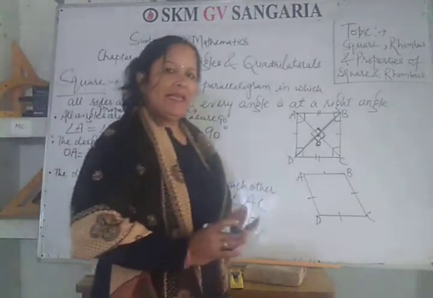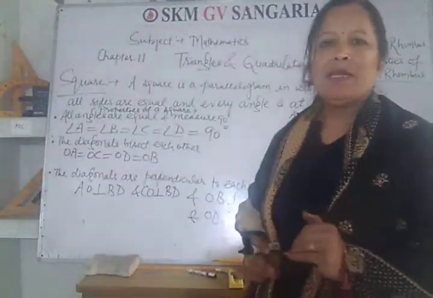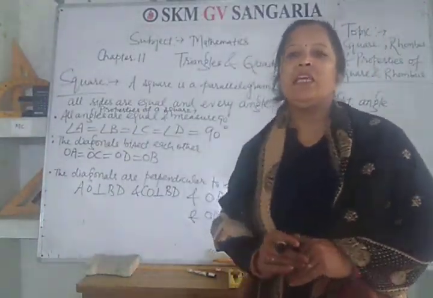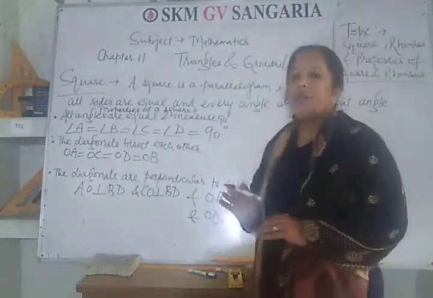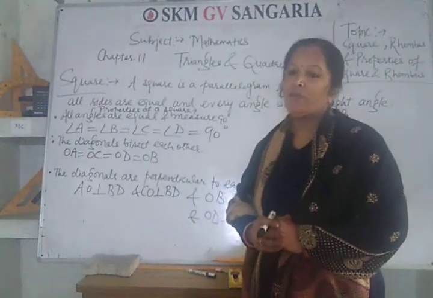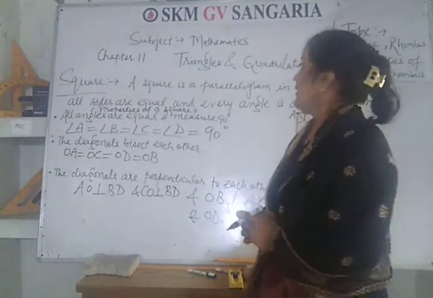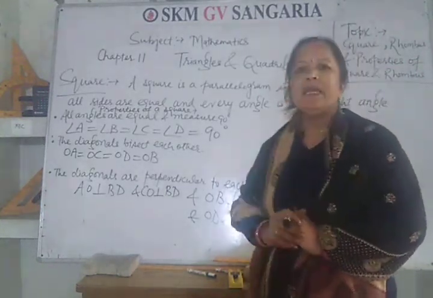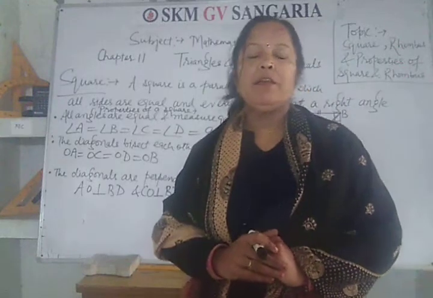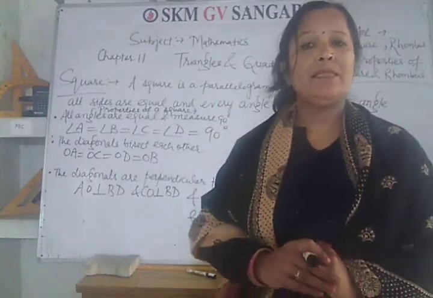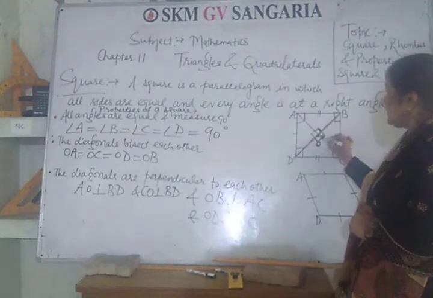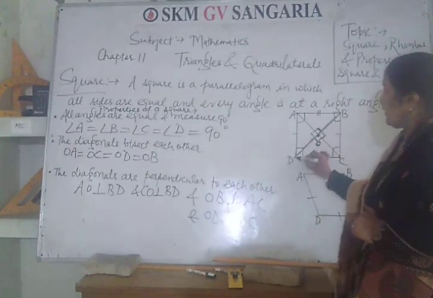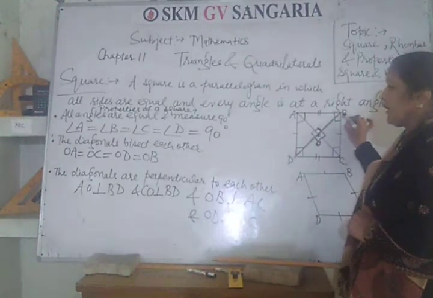In short, we can say in a square, all the sides are of equal length, and all the angles are equal and of measure 90 degrees. The diagonals bisect each other, so OA is equal to OC and OD is equal to OB.